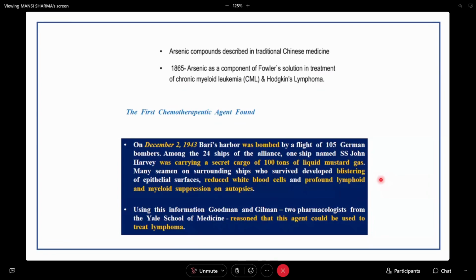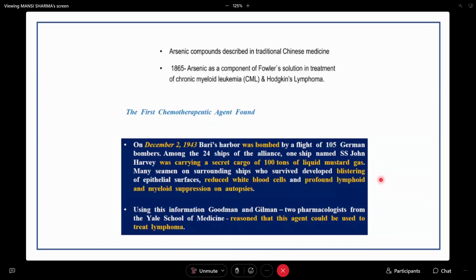However, the major breakthrough came during World War II when a harbor was bombed in 1942, 1943, and one of the ships in that harbor was carrying nitrogen mustard, liquid mustard gas. And it was noted later that the people who came in contact with the gas, the ones who survived also, developed blistering of epithelial surfaces, reduced white blood cells, and profound lymphoid and myeloid suppression.